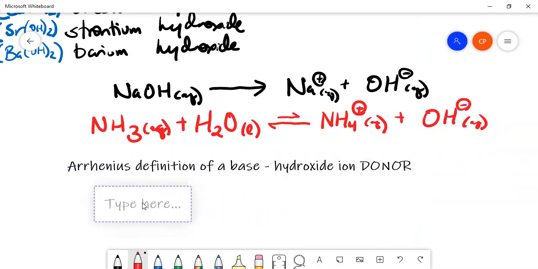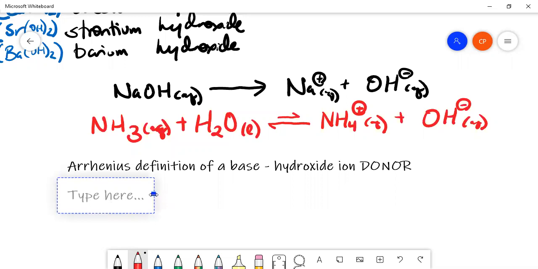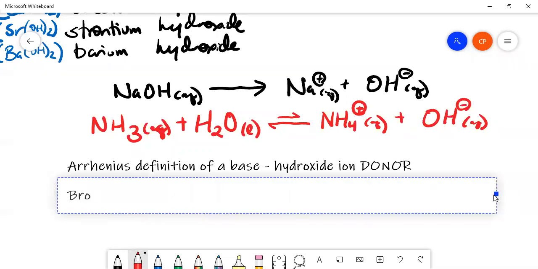And the different definition that we wind up using is the definition of two men named Bronsted and Lowry. And Bronsted is Scandinavian, so if I'm going to complete the Bronsted-Lowry definition, I need to put a little slash through the O on Bronsted. Bronsted and Lowry.